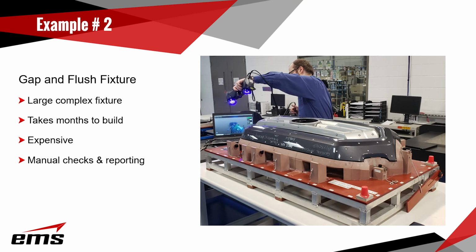And they'll use a dial indicator or sometimes another pin, or a tool to check that flush check. But fixtures like this are very expensive to build. They're complicated. They take a long time to make. A fixture like this easily could take months to get, and they're expensive. And then all your measurement is done manually.